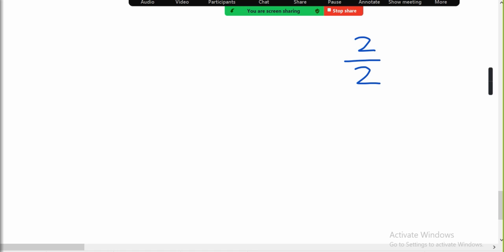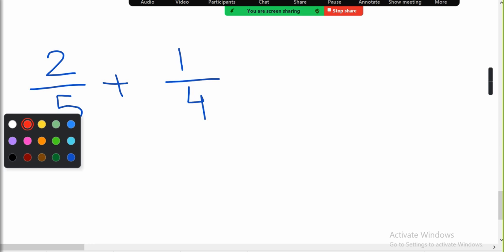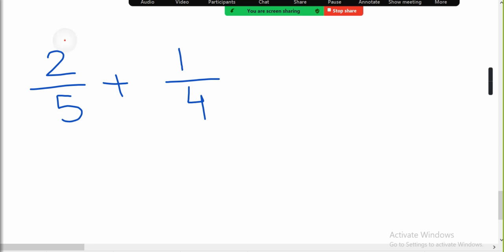Okay, let's do one more question. It is 2 by 5 plus 1 by 4. Okay. So how will we add them? The denominator is not the same, so I have to multiply this whole fraction by 4 and this whole fraction by the number 5.